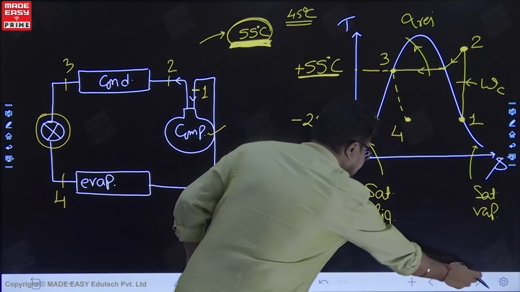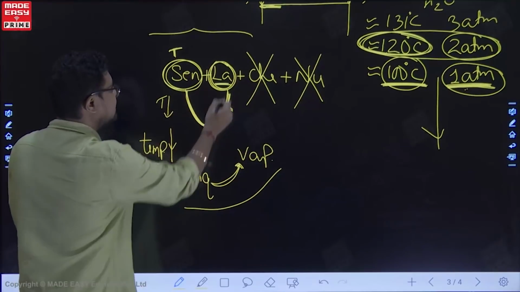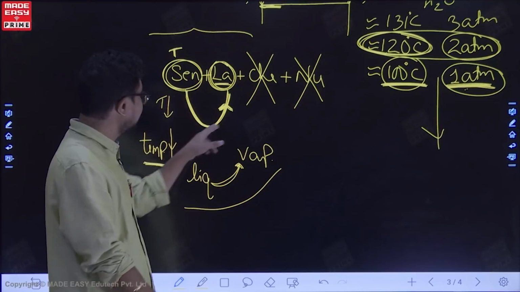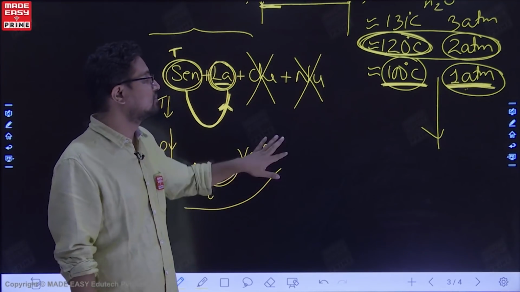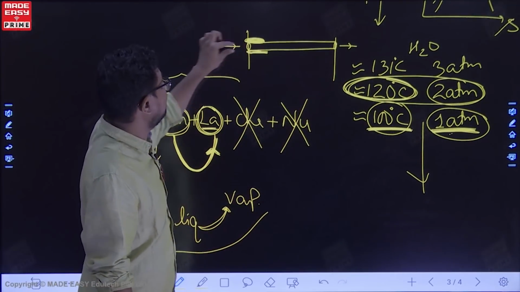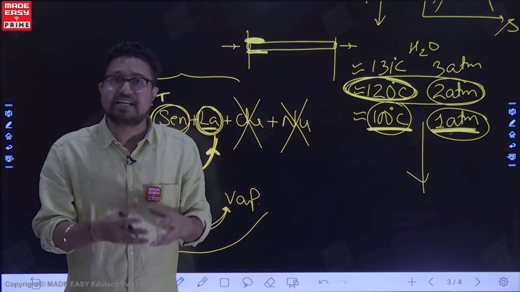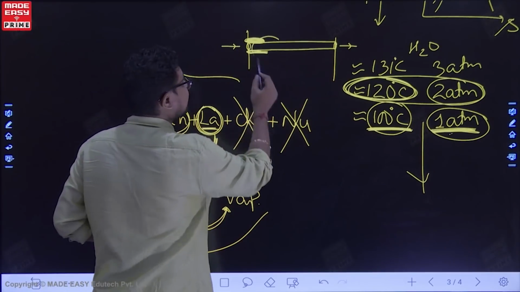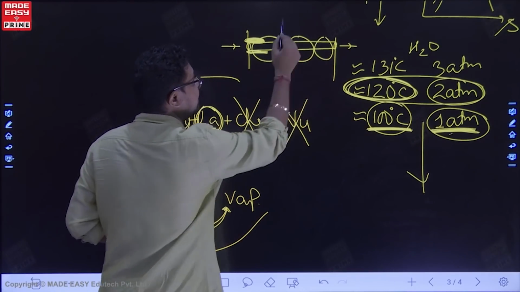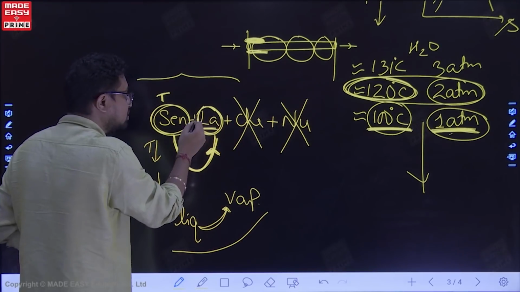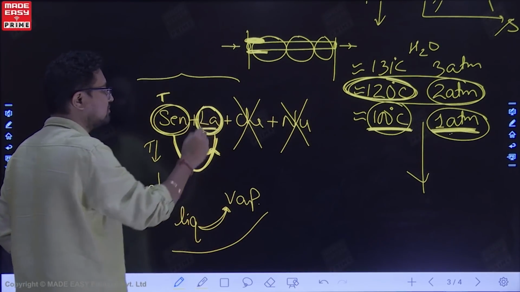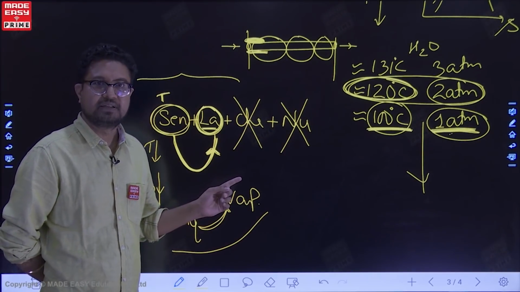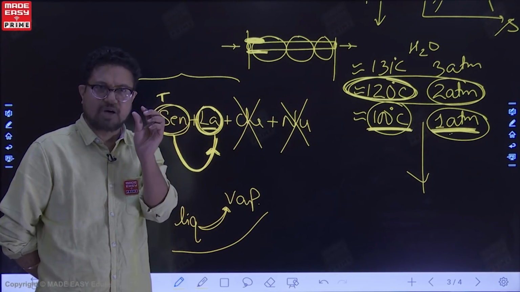One form of energy is converting into another form of energy. Some of the people say, sir, friction will also be there. So, that will generate heat. Yes, that will generate heat. The heat generated due to the pressure drop is also used for phase change. But that portion is very small.